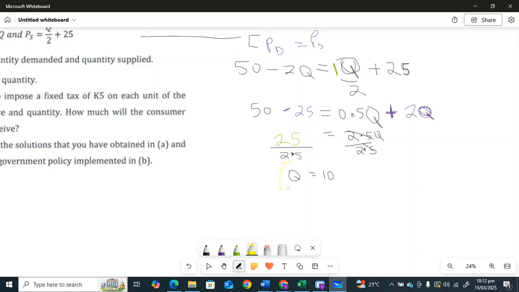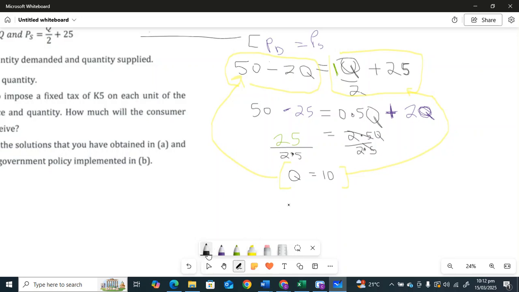How do we get the equilibrium price? You can substitute Q equals 10 into the demand function for PD, or Q equals 10 into the supply function. Either way, you're going to get the same.